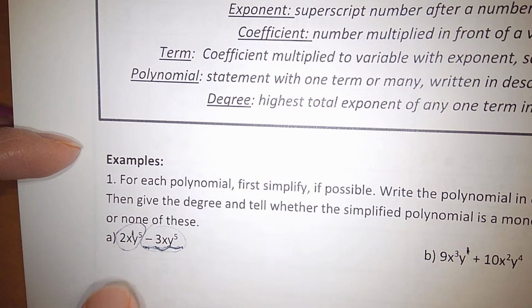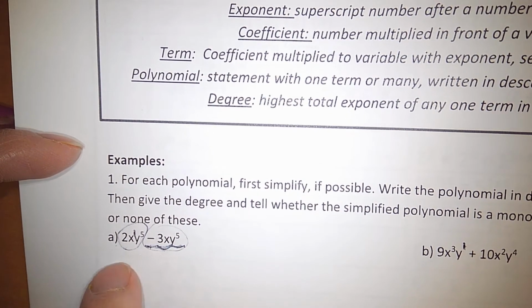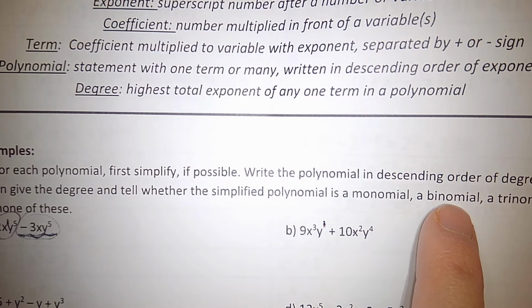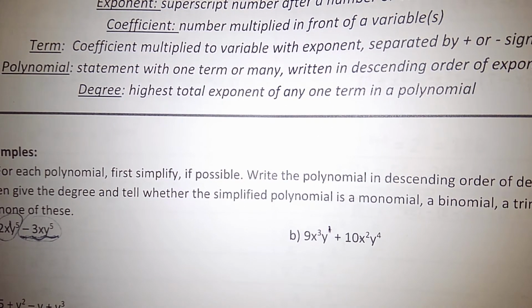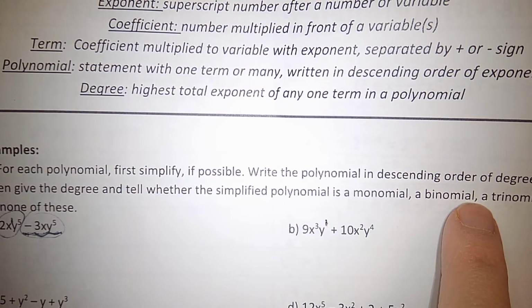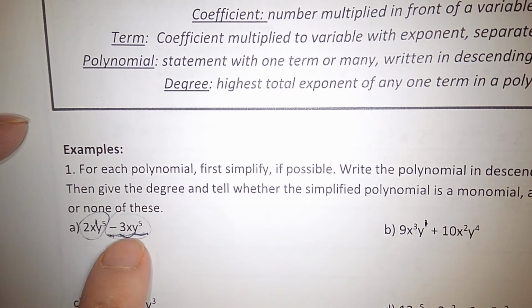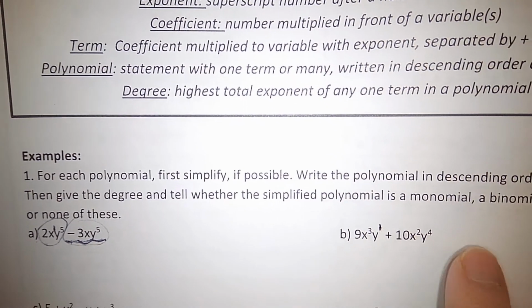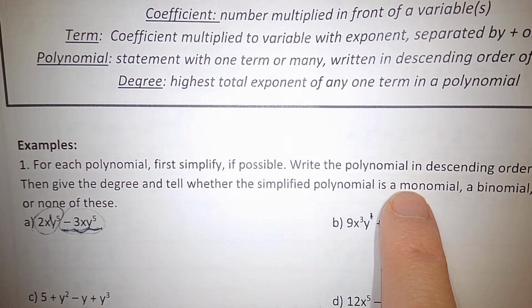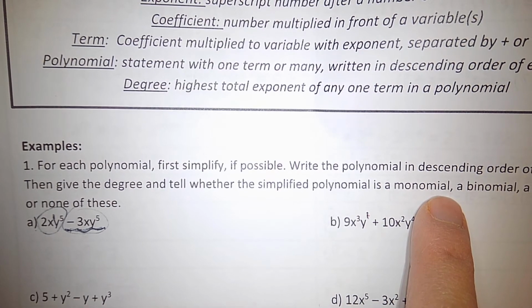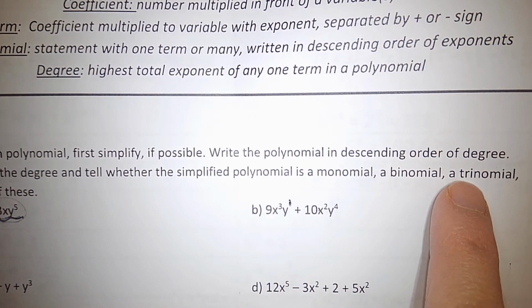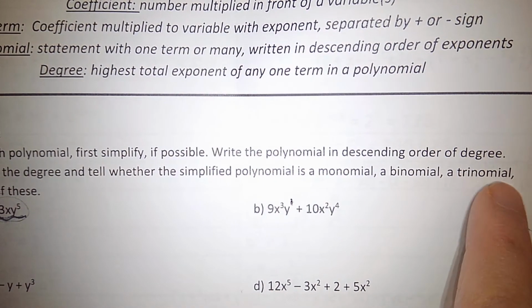If a polynomial has 2 terms, we give it what name? Binomial, okay? So later, if they ask you what is a binomial: when a polynomial has 2 terms, it is called a binomial. When a polynomial is called a monomial, it only has 1 term, okay? If a polynomial has 3 terms, it's called what?